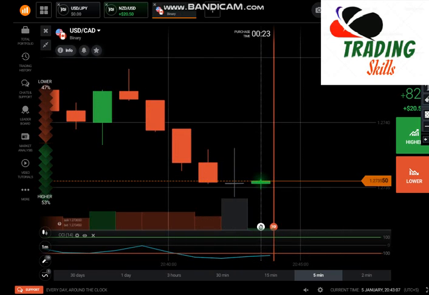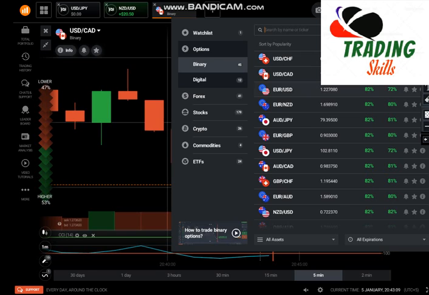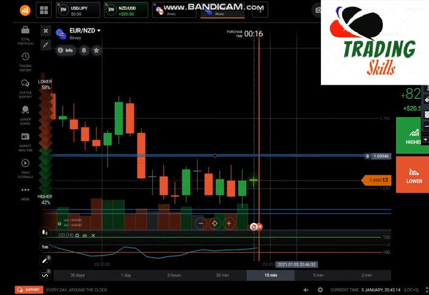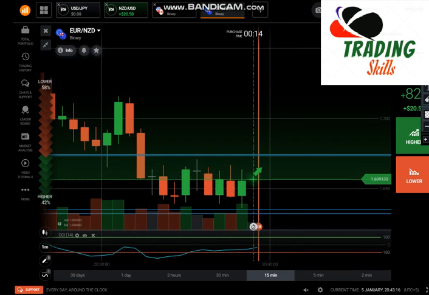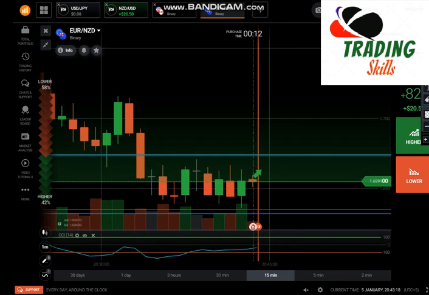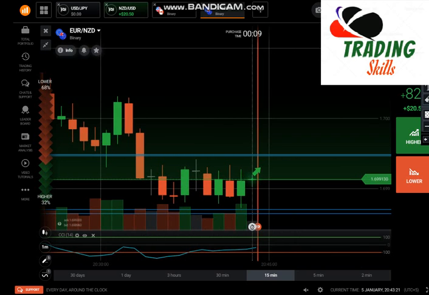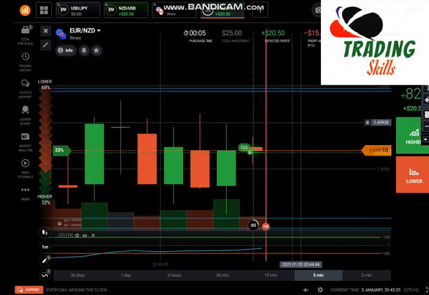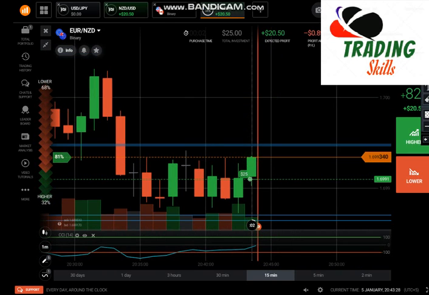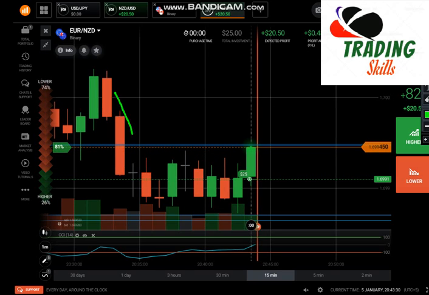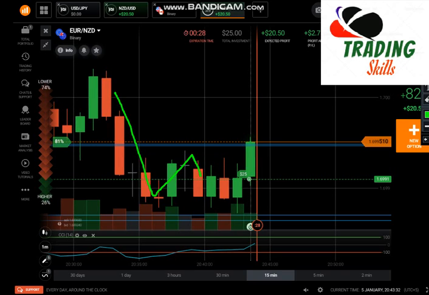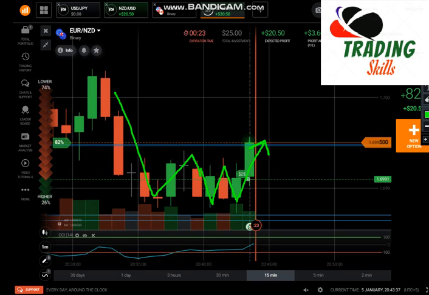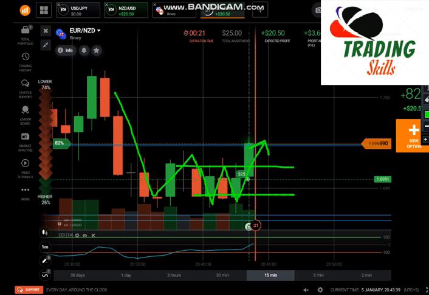Okay, so let me predict another candle for you. From this point I can go with the buyers. Why did I go with the buyers? Because you can see it is a downtrend, and now you can see it is a W pattern, so I took my trade in an up direction.